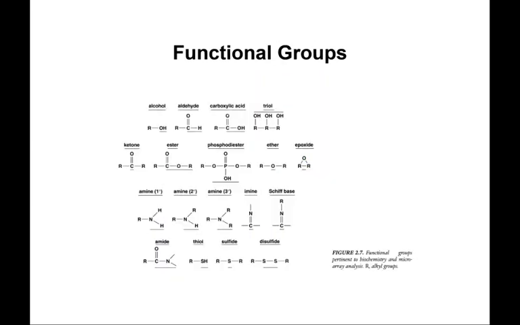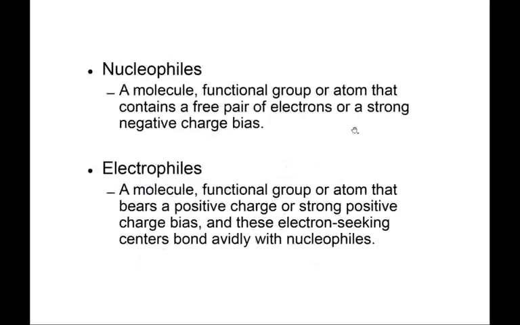Alright, and then we also need some particular functional groups, right? So we can see here we have alcohol, aldehyde, carboxylic acid, thiol. There are lots of different functional groups. So over here I'd like to introduce two terms: nucleophiles and electrophiles. A nucleophile is a molecular functional group, or atoms, that contain lone pairs of electrons or strongly negatively charged ions.